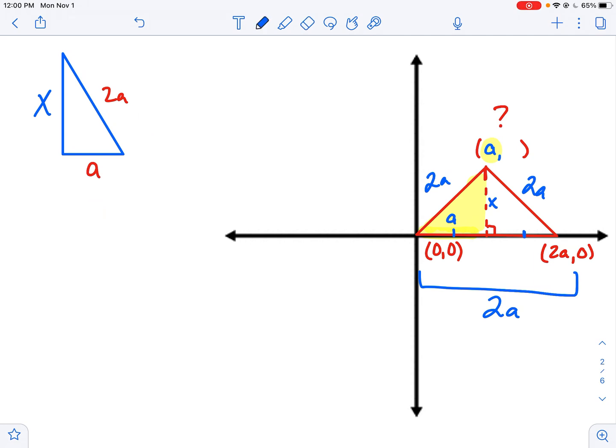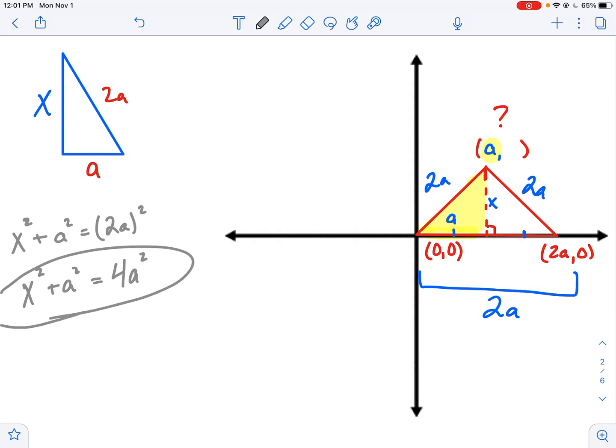Okay. And we'll take the same exact approach again of our Pythagorean theorem. X squared plus A squared equals the quantity 2A squared, or x squared plus a squared equals 4a squared. And from there, what I'm going to do is get the a squareds together, and to undo the square, I'll square root.